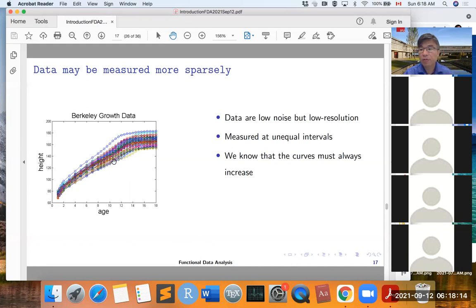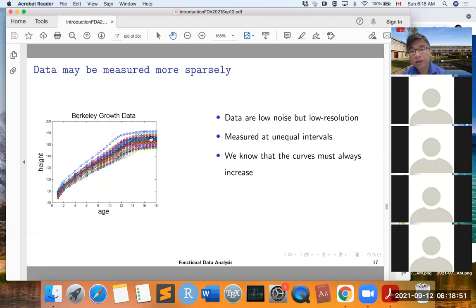I want to show this example specifically because it is a very good example to show the difference from time series analysis. Typical time series analysis assumes the data are equally spaced. For functional data, the observations don't have to be equally spaced, because we treat the curve as a function of time.